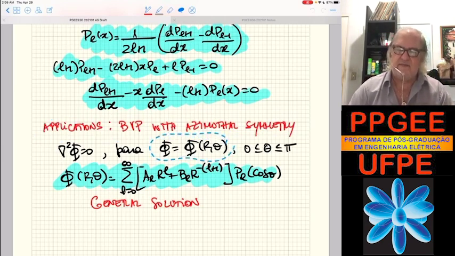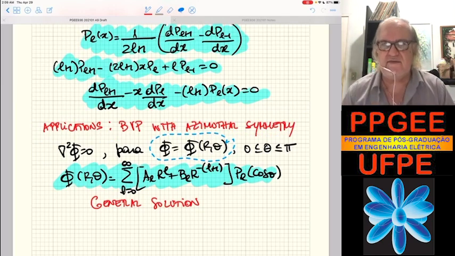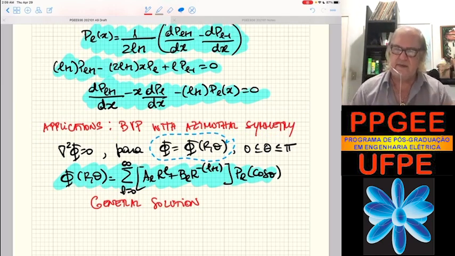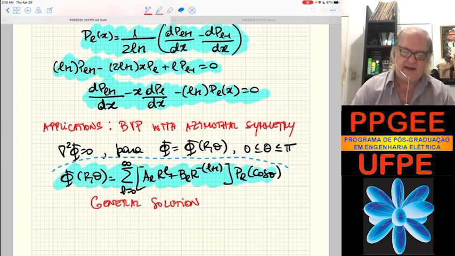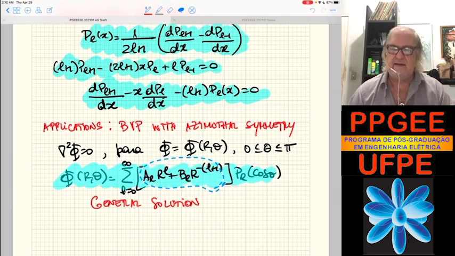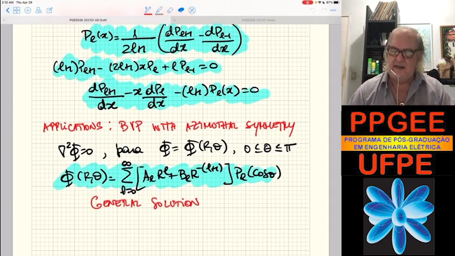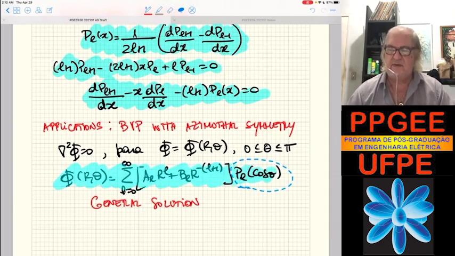Because we know, by symmetry considerations, that the function depends on r and theta. Then we can write a general solution like this, right? That's the general form of the radial function, and that's the Legendre polynomial.